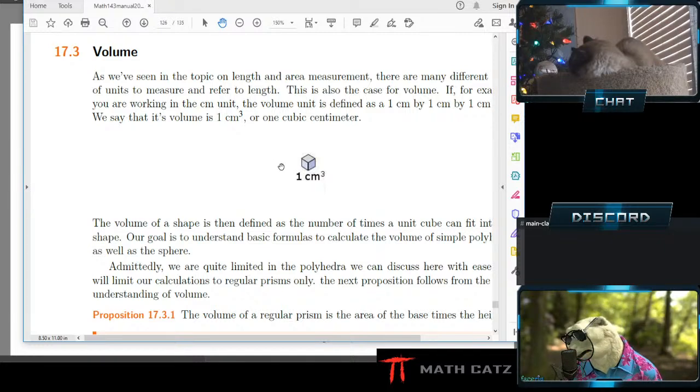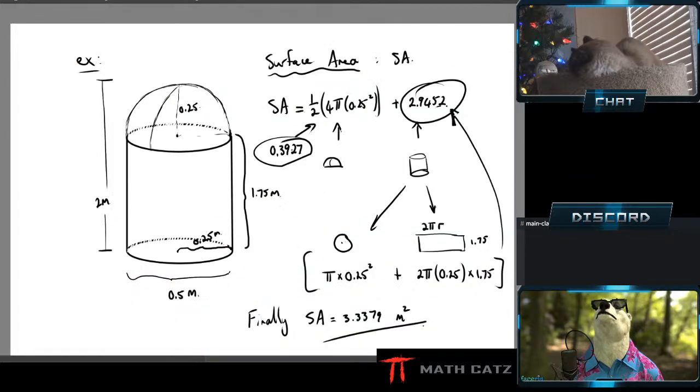Volume is no different. You just have one more dimension. You have a standard 1 by 1 by 1 cube, maybe centimeters, whatever your standard unit is that you're working in.